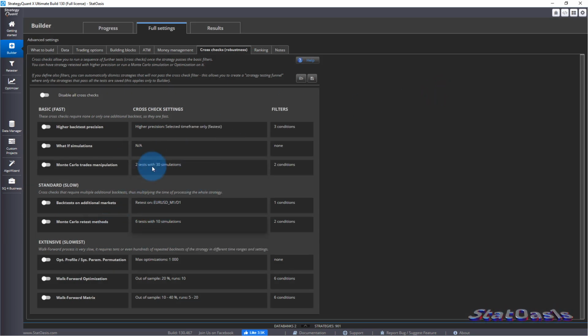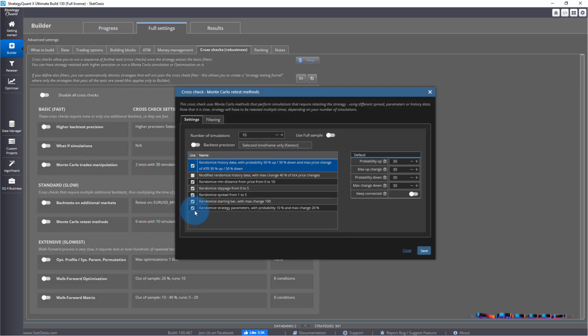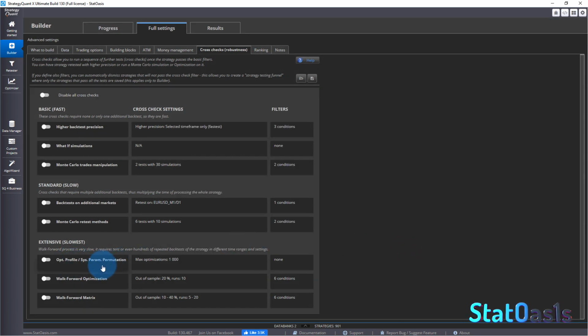So last time, like I mentioned, we did both Monte Carlo. And if you remember, I told you that these two, the first one and the last one, which is randomizing strategy parameters and history data, this will accomplish a lot. And then the next logical step is to do it with this system parameter permutation.